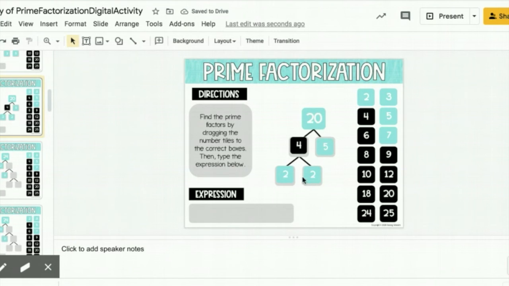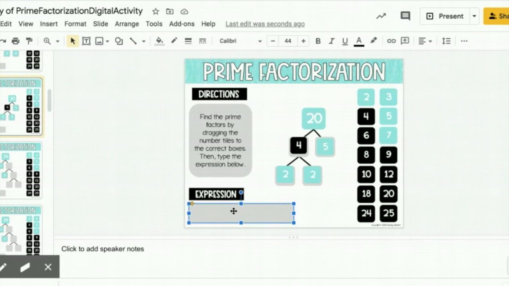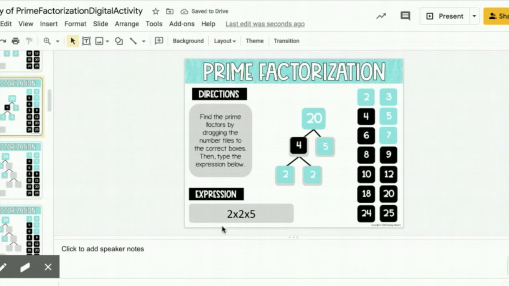So now I'm left with only prime numbers, and so those are going to be my expression, my 2, 2, and 5. So my expression is going to be 2 times 2 times 5. I can multiply it back together to check my work. 2 times 2 is 4, times 5 is 20.